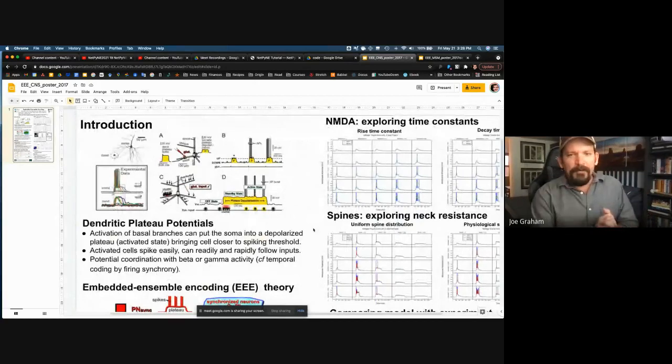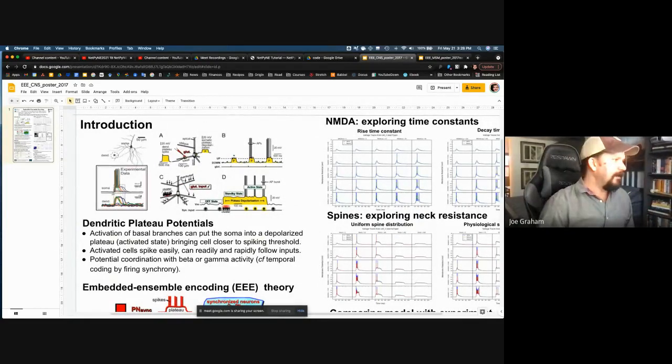And so, yeah, we were looking at dendritic plateau potentials. So this is a zoom in on the soma and basal dendrites of a pyramidal cell, and one particular dendrite we're looking at here.